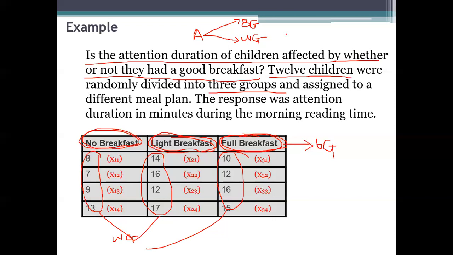So ANOVA is focused on the test for variance between the groups and the test for variance within the groups.